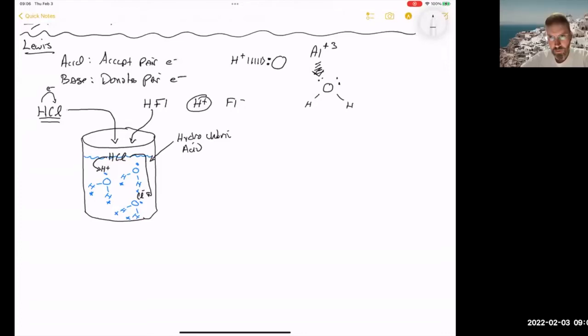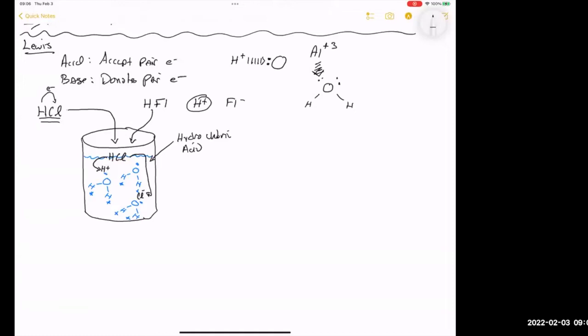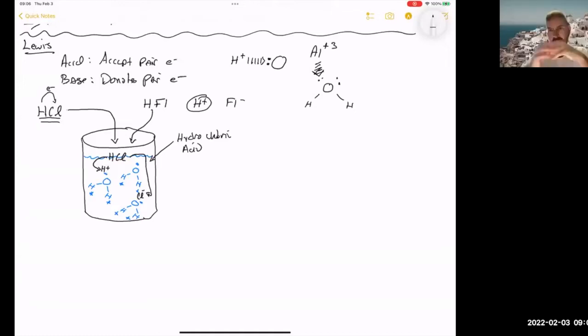So what happens is, anything that you dissolve in water, if it breaks down and gives up hydrogen ions, if a molecule gets dissolved in water and hydrogen ions come out of it, that's what makes it an acid.